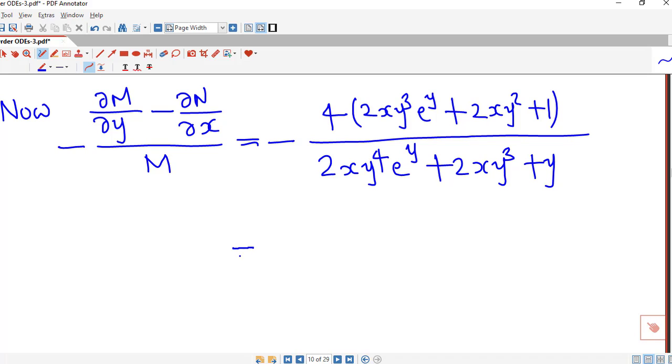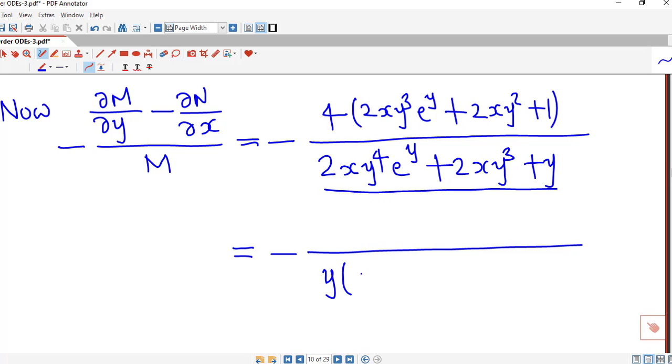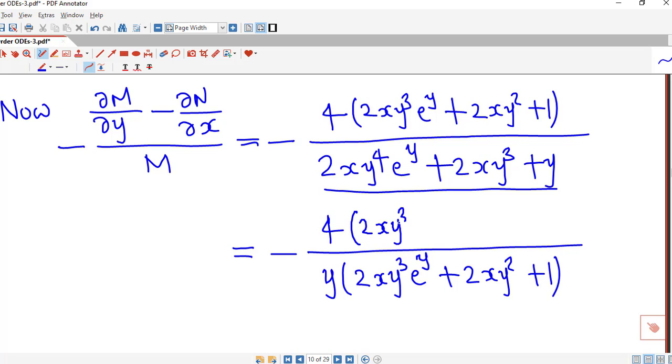So this is equal to minus, taking y common here, we have 2xy cube e raised to y plus 2xy square plus 1, and here we have 4 times 2xy cube e raised to y plus 2xy square plus 1.